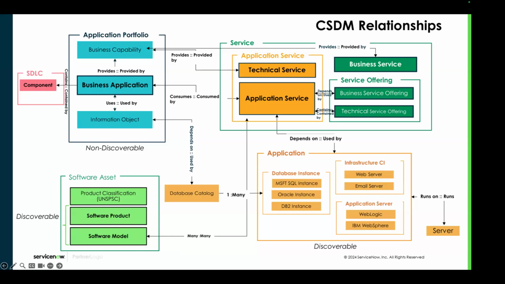For example, starting from a business application, you can consume an application service. Application service can be consumed by a business application. From the business service perspective, business service offering depends on application service.